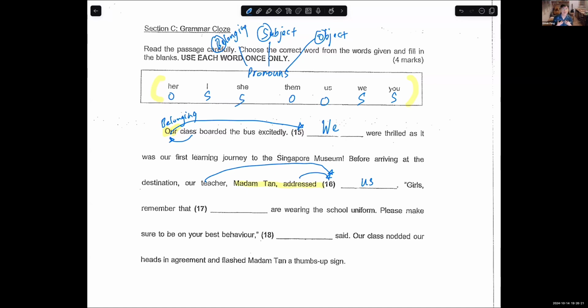Because we are not the ones addressing, we are the ones being addressed, right? So the action is being done to us. So we are the object pronoun. Addressed us, okay? Girls, remember that who are wearing the school uniform? Girls, right? So she's talking to us, right? So girls, remember that.